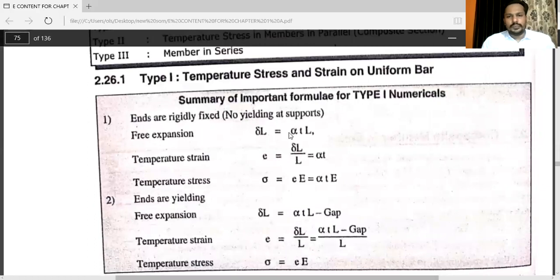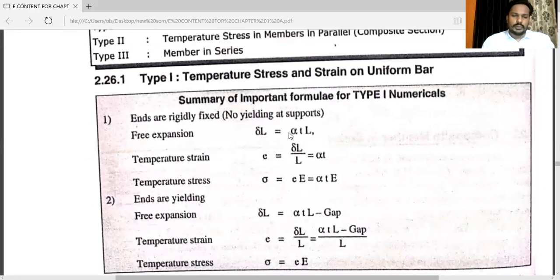See the important formulas. Delta L is equal to alpha into T into L. Temperature strain e is equal to delta L upon L, nothing but alpha into T. Temperature stress is equal to small e into capital E, that is alpha T into E. Ends are yielding, free expansion, that is delta L, is equal to alpha into T into L minus gap.